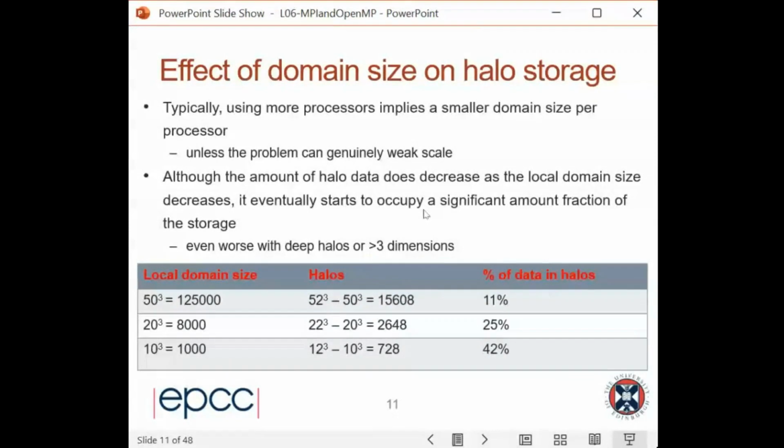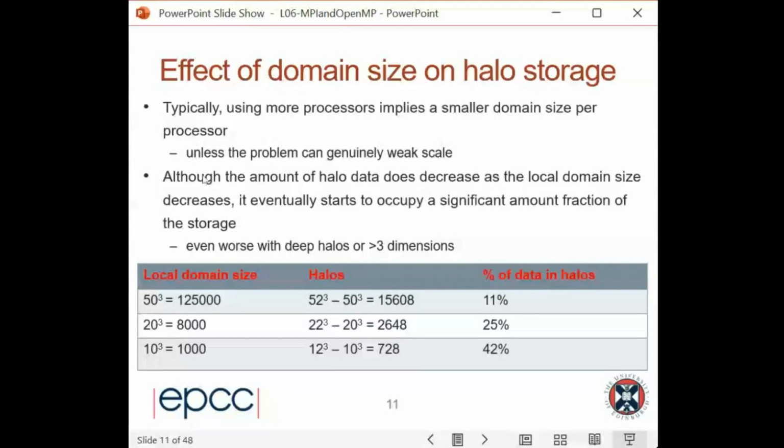So just looking at the halos, as you scale to large numbers of processes, your local data structures get smaller, your local domain gets smaller, and actually the amount of halo data does decrease as the local domain size decreases, but it becomes fractionally more. You get this surface to volume effect.